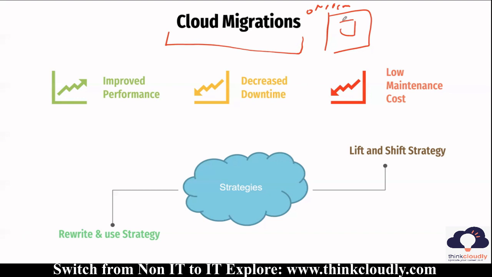Now when you want to move those applications or data to cloud, that is known as cloud migration. You want to move to cloud so that you don't have to keep maintaining your own servers and everything. That is cloud migration.